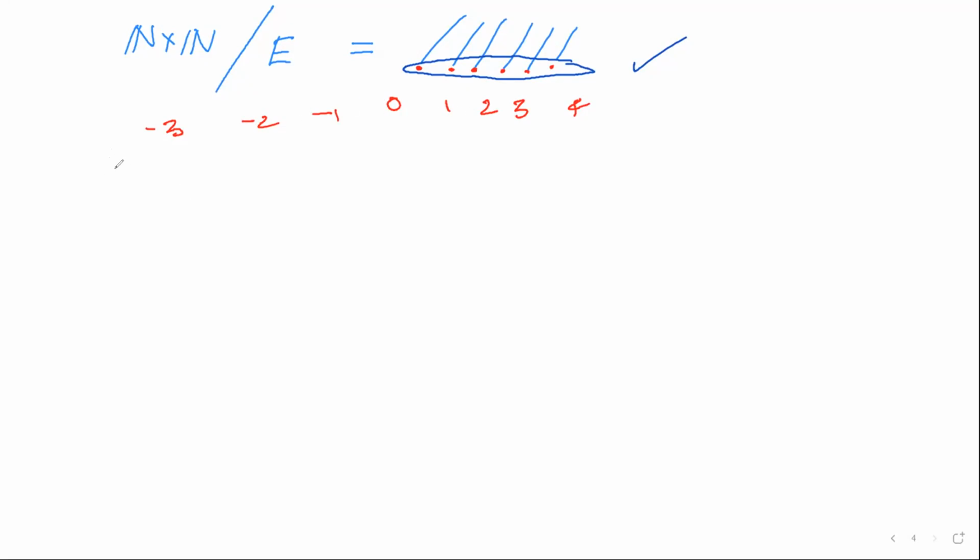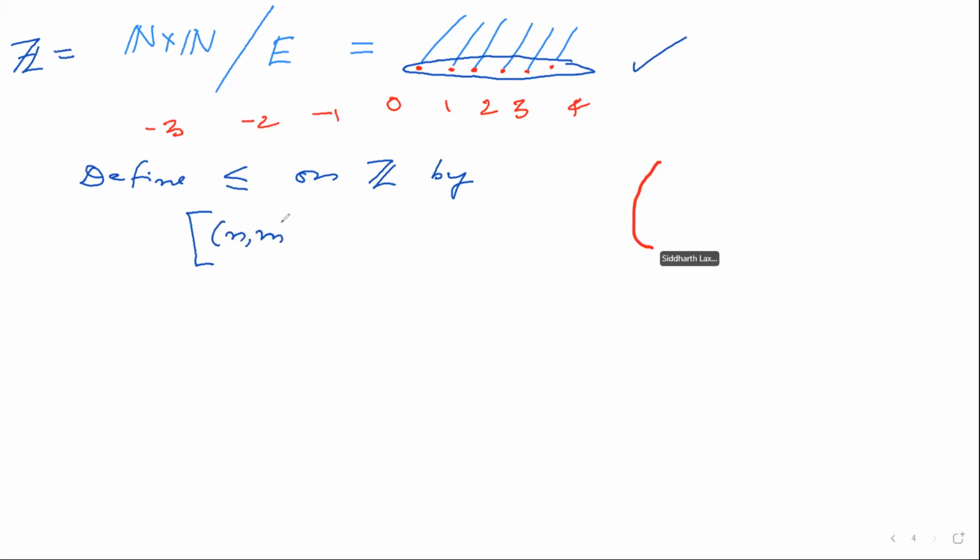Well, we are going to define less than or equal to on this set, which we are going to call Z. Define this on Z by, well, take N, M. This is in some equivalence class.